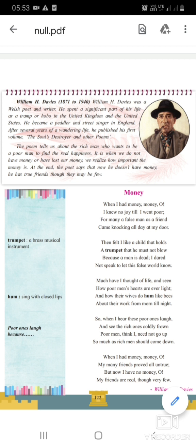Poet has used so many figures of speech like repetition, simile, apostrophe, antithesis, metonymy, inversion, hyperbole. These different figures of speech poet has used for poetic effect.